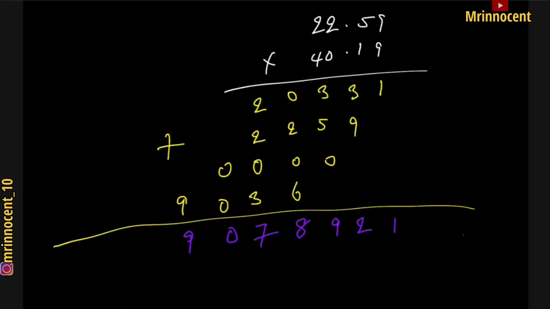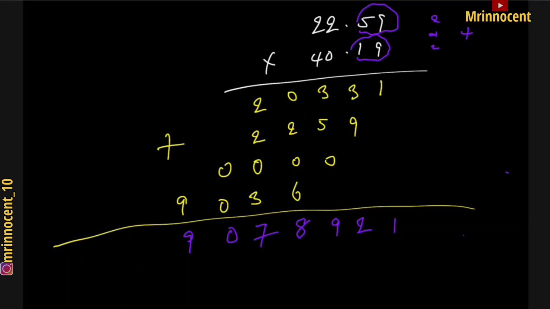So for you to get your final answer, you need to add the numbers that come after the decimal places in the two numbers. So first one you have 2 plus second one you have 2, that is 4.